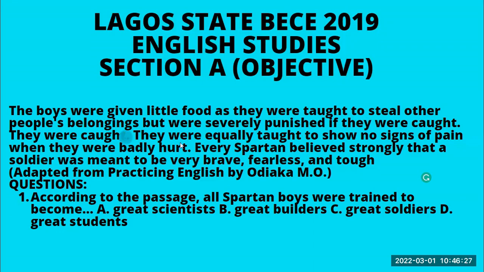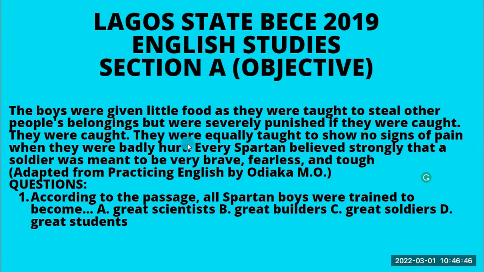They were equally taught to show no signs of pain when they were badly hurt. Every Spartan believed strongly that a soldier was meant to be very brave, fearless, and tough. All right, so why were they punished severely if they were caught?